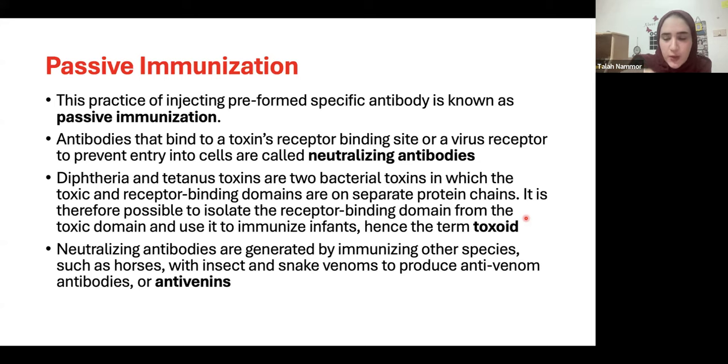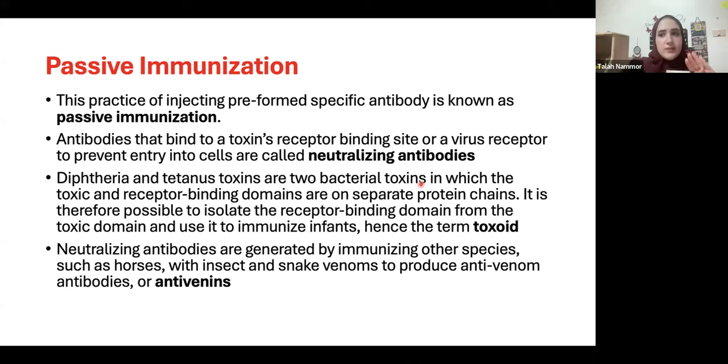Both diphtheria and Clostridium tetani release bacterial toxins, and these bacterial toxins have two domains. This is really amazing. This toxin has two parts: one part is for receptor binding, and one part is just the toxic part. These parts are separated, okay?